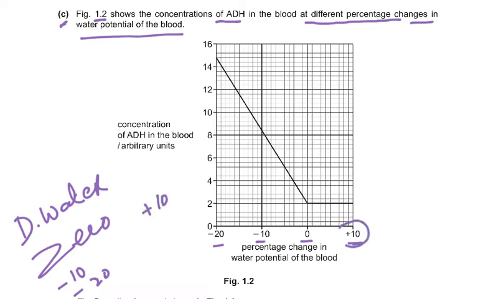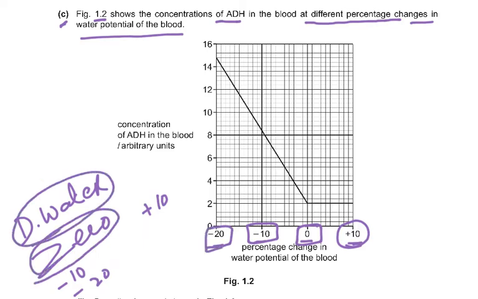So here you can see there's +10, this is 0, which is the highest water potential, and then this is -10. So here the water potential is decreasing because 0 is that of distilled water, and that is the highest water potential. So -10 is less, -20 is even less. So it's more negative, less negative. That story which we do in the AS level.